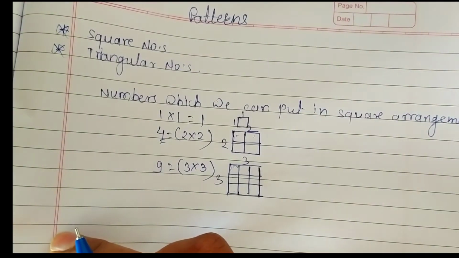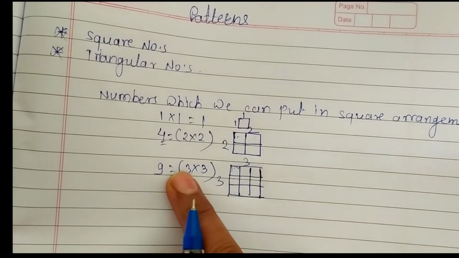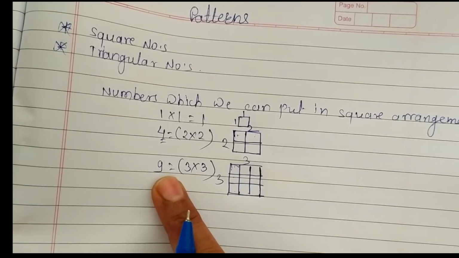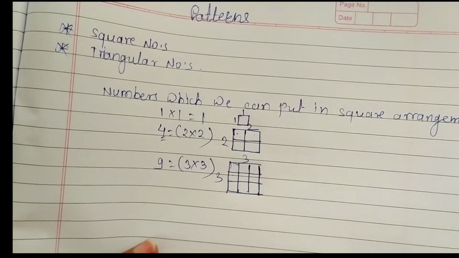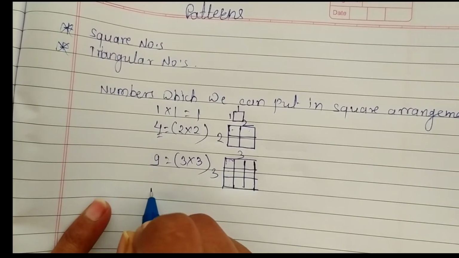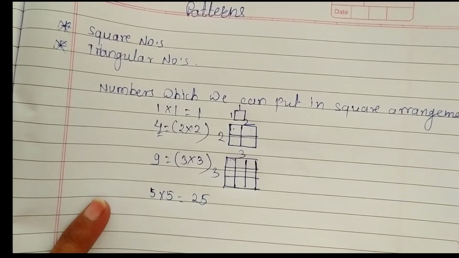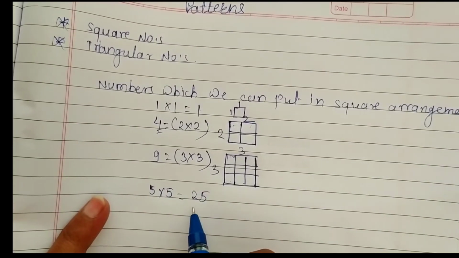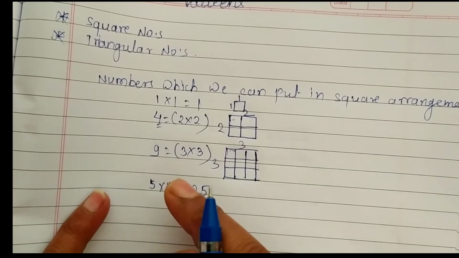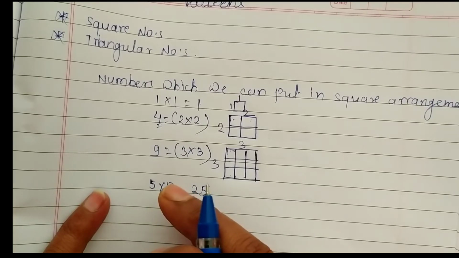By multiplying a number by itself, we can get square numbers. You can observe this. For example, 5 multiplied by 5, we can get a square number 25. So 25 is a square number. Multiplying a number by itself, we can get many such square numbers.